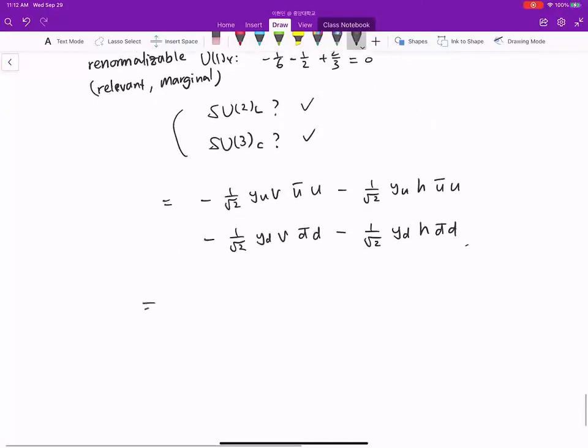Because of that, the up-type quark mass depends on one Yukawa coupling, and the down-type quark mass depends on another Yukawa coupling.